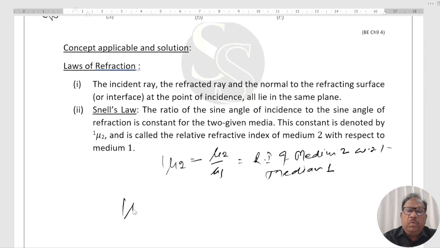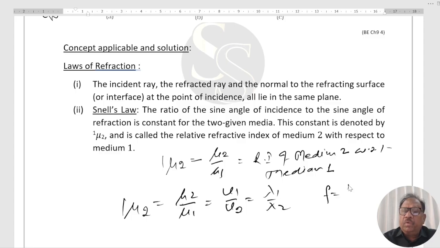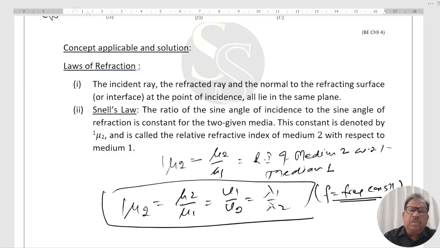And 1 mu 2 can be extended further to equal V1 over V2, the velocities in the media, that is equal to lambda 1 over lambda 2, and frequency remains constant. Whether in reflection or refraction, frequency remains constant. That is Snell's law. One is the first law, two is the second.